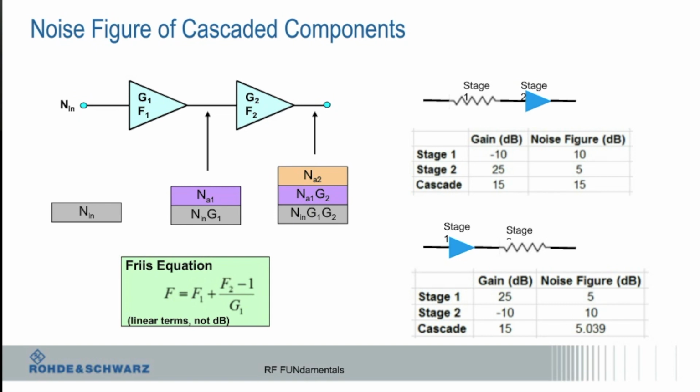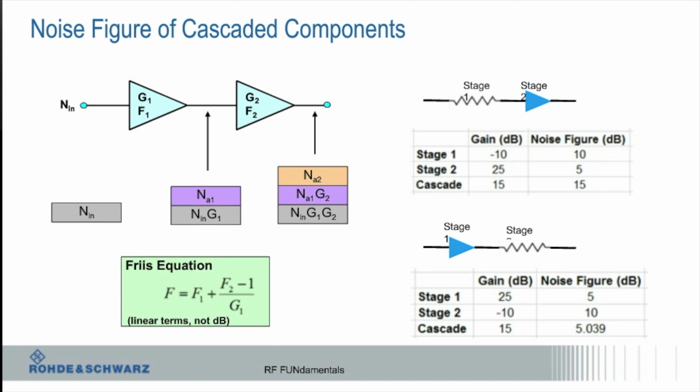Same thing down here. Obviously you can see in this case, putting the amplifier before the pad, I get a way better noise figure. The gains are the same; in the first one, the noise figure of the cascade is 15.